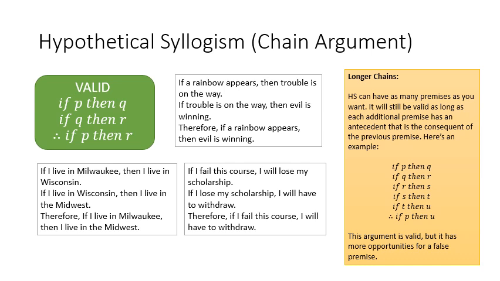So if r then s, if s then t, if t then u. And I end it there. All the chains link up, and as a result, you can conclude that if the first thing, then the last thing.